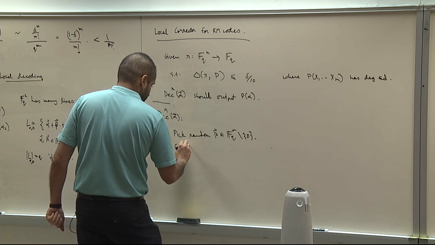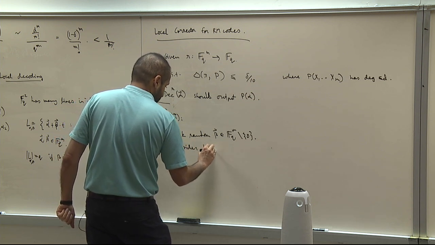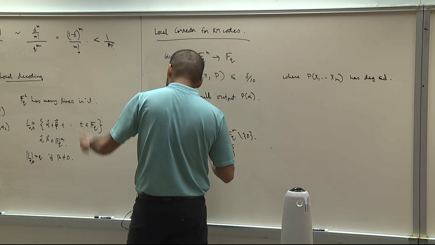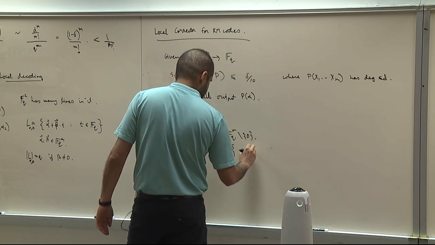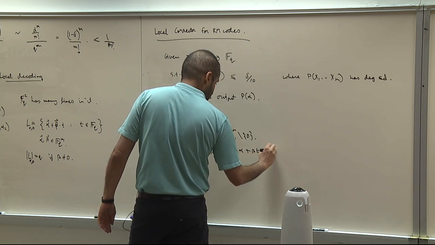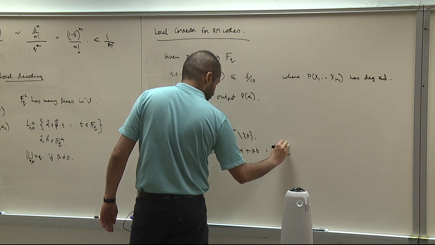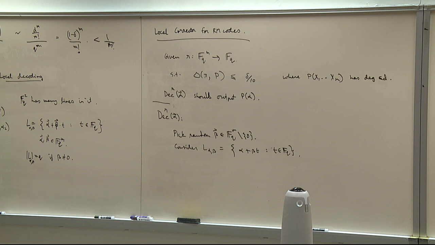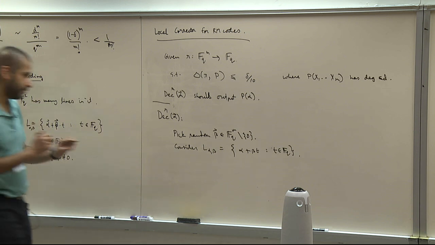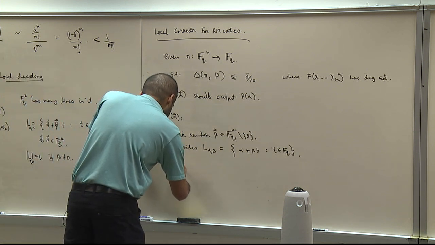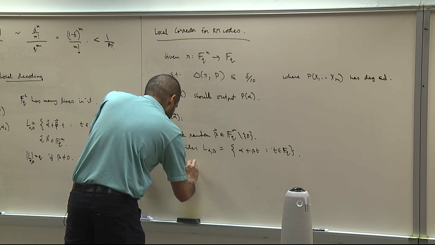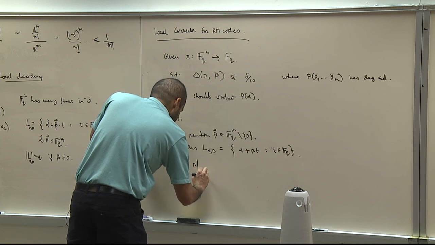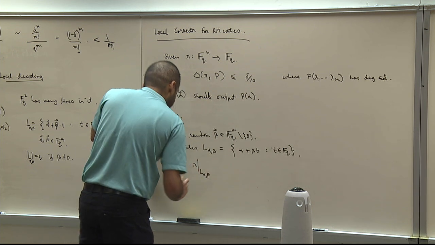Consider L alpha beta, which is that line, alpha plus beta t, t in FQ. We will query R on that line and get R restricted to L alpha beta.